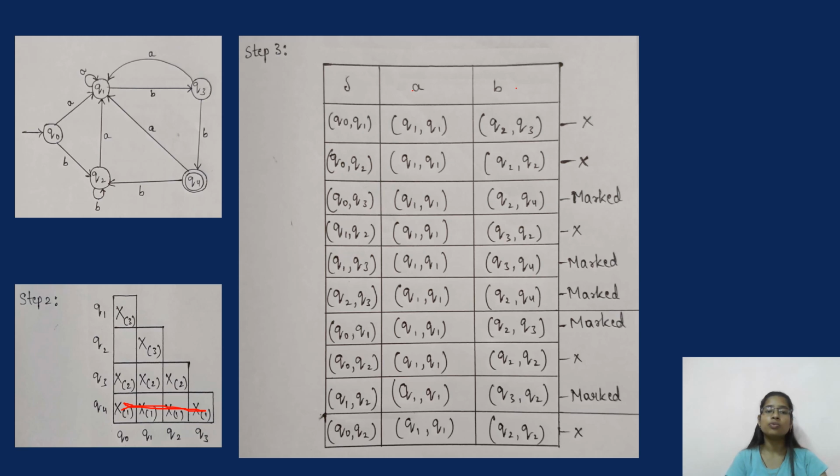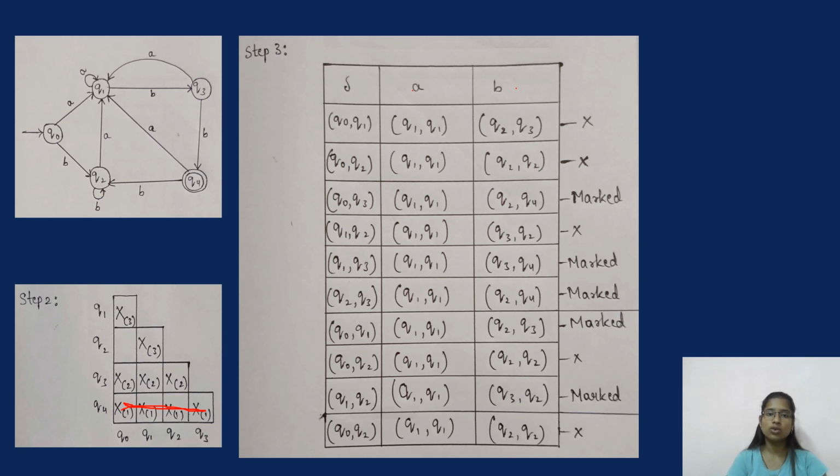Now we mark on one condition: if any of the states in this pair is marked, then only we'll mark this q0 and q1 state. First q1 comma q1, as it is looped, we'll move to the next one, q2 comma q3. As q2 comma q3 is not marked, we'll not mark this.